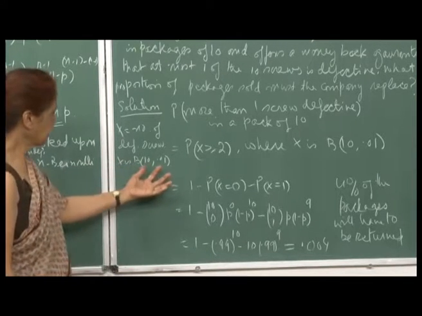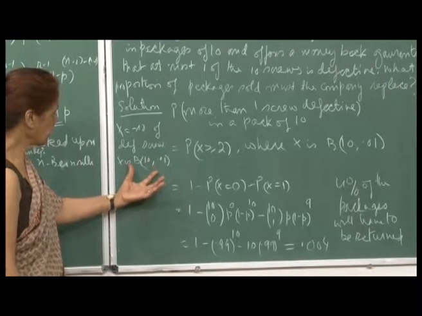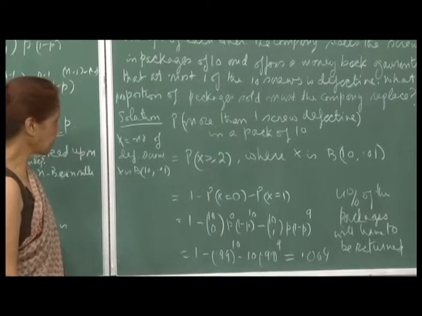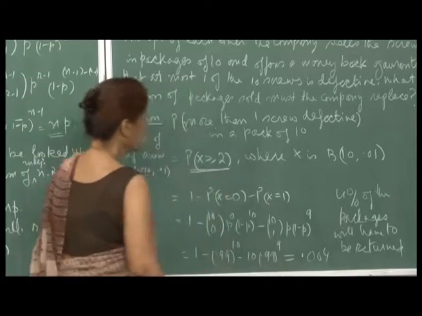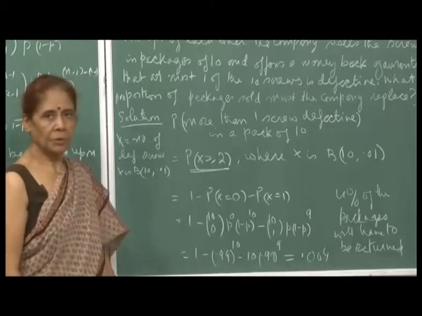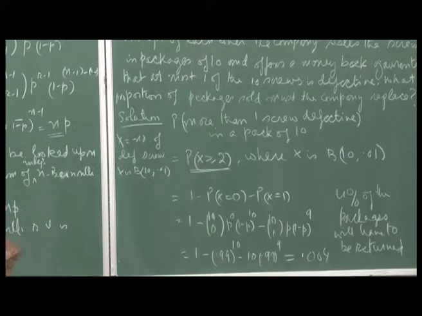So, in a package of 10, the probability is 0.01. So, this is binomial (10, 0.01), and you want to find the probability that x is greater than or equal to 2, because when x is greater than or equal to 2, the package will be returned back and the money refunded, right.